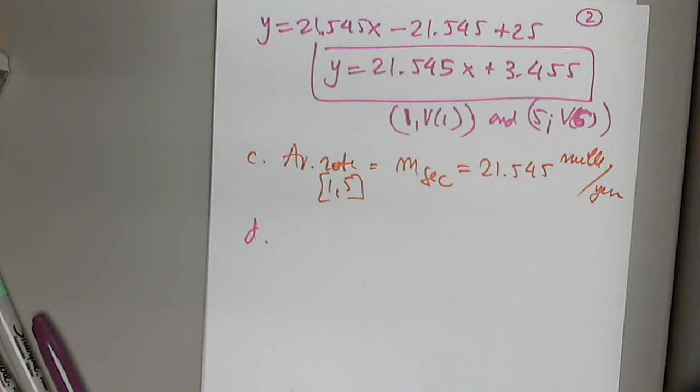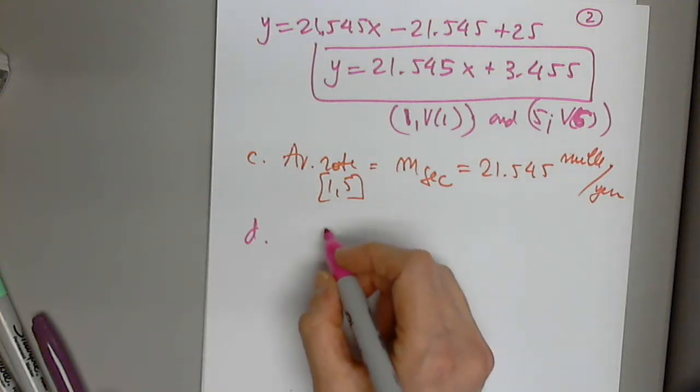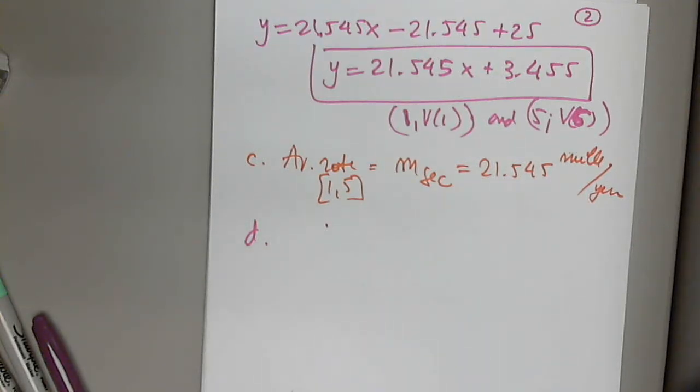So let me copy. It's 1 and v of 1, 4 and v of 4, and 1 and 3, and 1 and 1.5. So one more time, it's obvious we are getting closer and closer to what? They're not organizing the information at all.